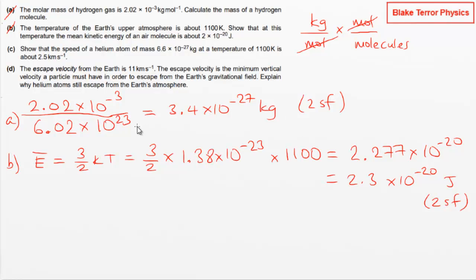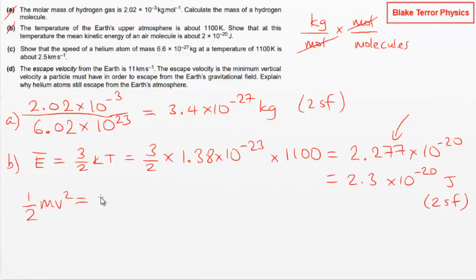Show that the speed of a helium atom of that mass at that temperature is about 2.5 kilometers per second. So now we're stepping this up: what we've just worked out is the average energy of a particle at that temperature. So for a helium atom, the kinetic energy, half mv squared, is equal to 2.277 times 10 to the minus 20.